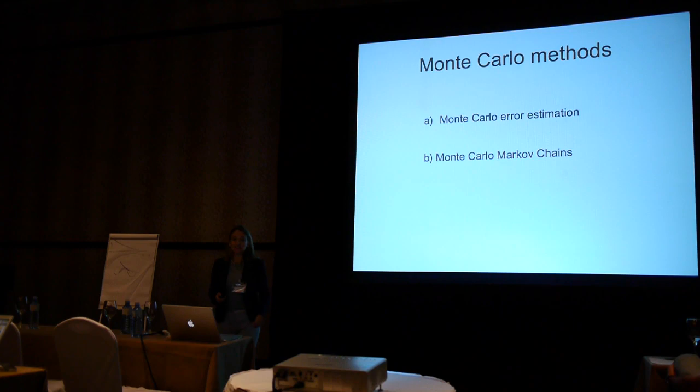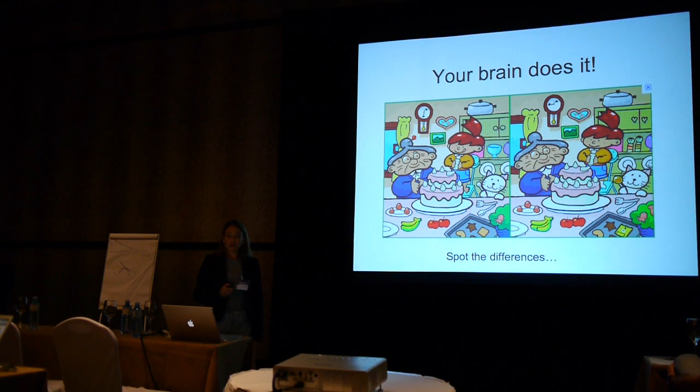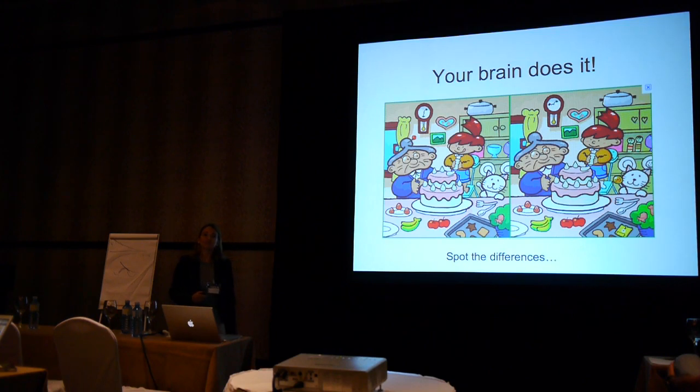So as a first introduction to what the Monte Carlo method means, you should be familiar with this, because your brain does it all the time. An example of this are those games where you have two complicated pictures and you have to spot the difference between them.